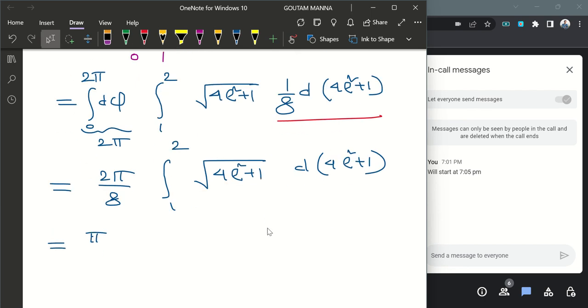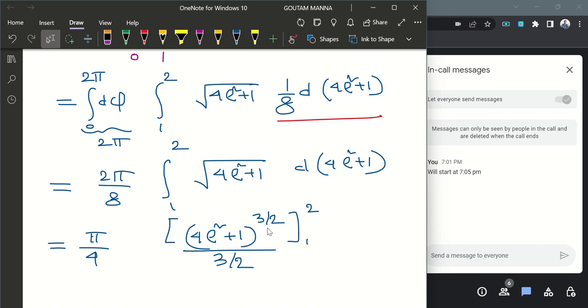So it will be pi by 4 times, and we can treat it as a single quantity, let's say x. So it is x to the power half dx. The integration of that will be 4 rho square plus 1 whole to the power 3 by 2 by 3 by 2, and the limit is from 1 to 2.